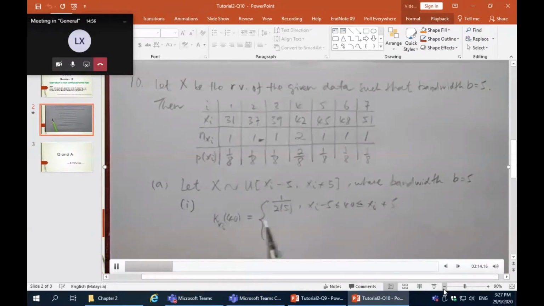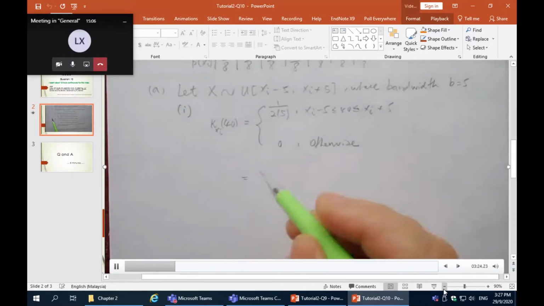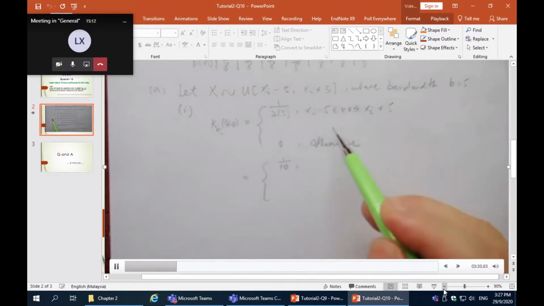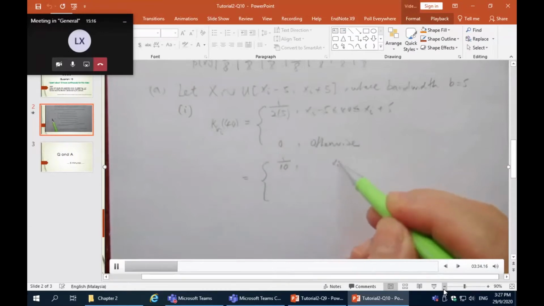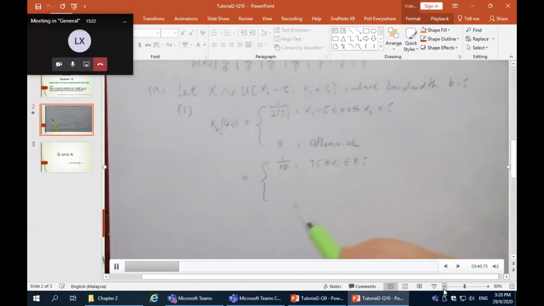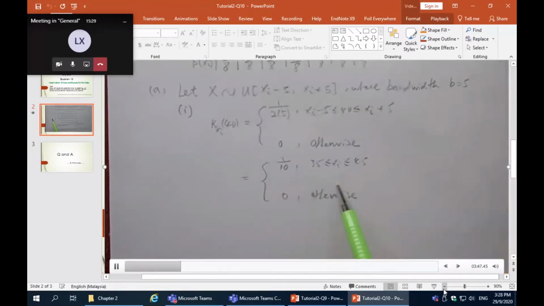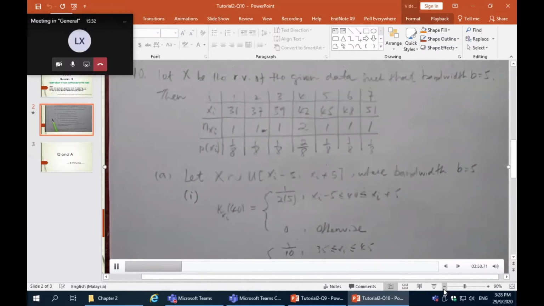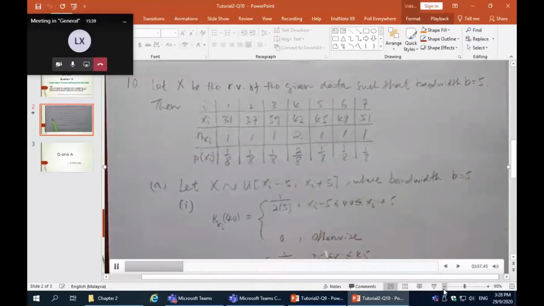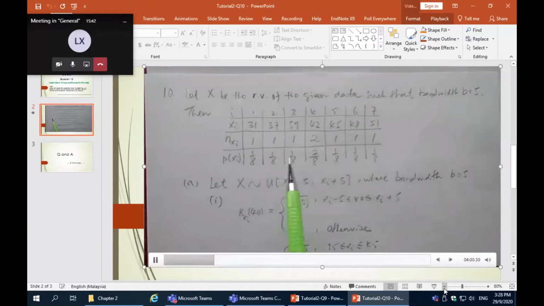And this k value at 40 will be 0 other than this interval, that is, otherwise. And this is equal to 1 over 10. And rearranging this interval, we have xi bounded from 35 to 45, and this is 0 otherwise. So based on these intervals, only data 37, 39, 42, 45 are inside this interval. So we only consider this.